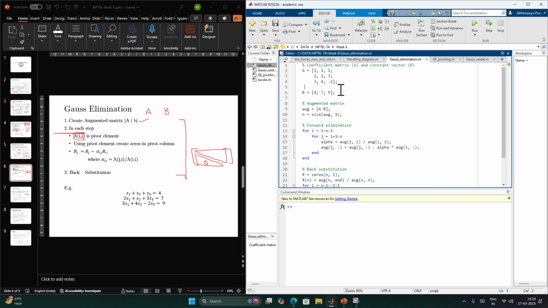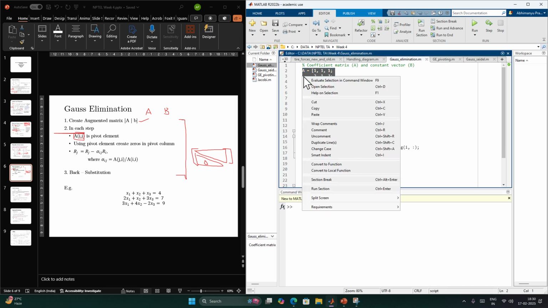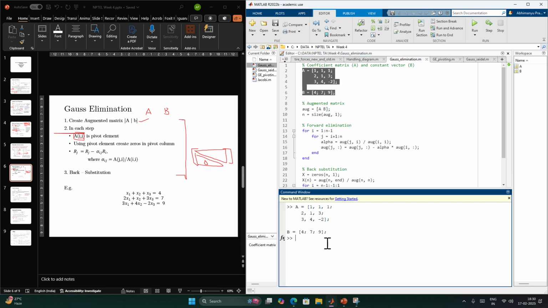So we have a matrix 1 1 1, the coefficients of the first equation, and for the second 2 1 3, and 3 4 minus 2, and we have the constants 4, 7 and 9. So we have these two matrices. Now we need to create an upper triangular matrix for this Gauss elimination.